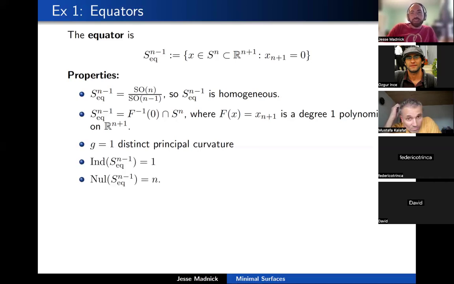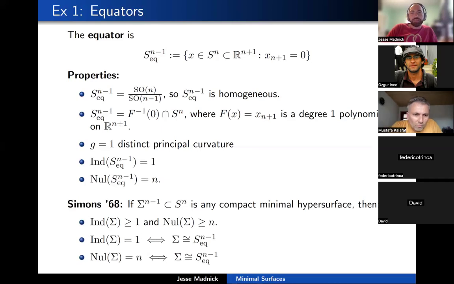Jim Simons a long time ago computed the index and the nullity, 1 and n respectively. And it turns out that these are lower bounds, in the following sense: if I have any compact minimal hypersurface in the round sphere, then the index is at least 1, the nullity is at least n, and equality holds in either inequality if and only if your hypersurface is congruent to the equator.